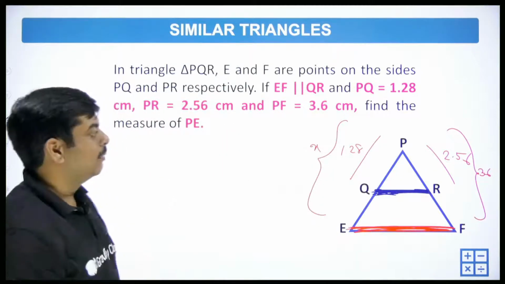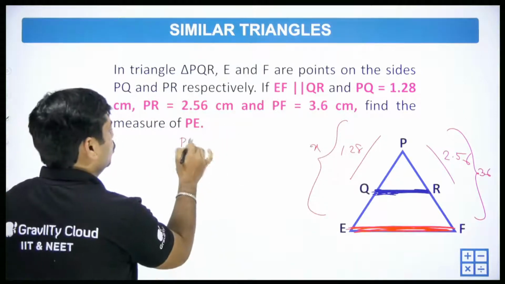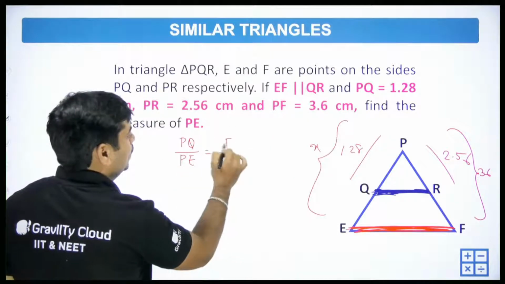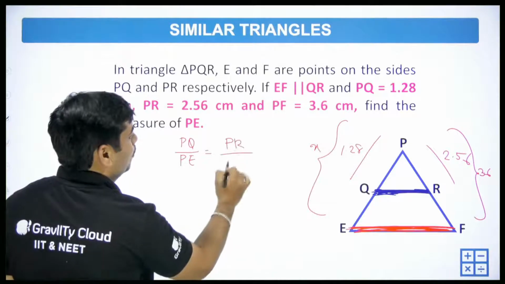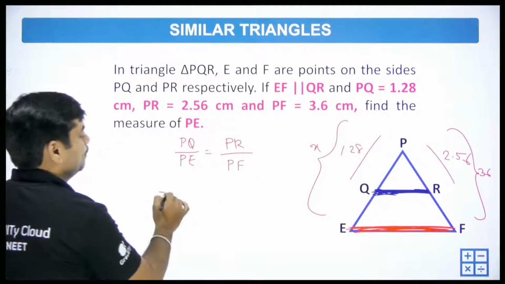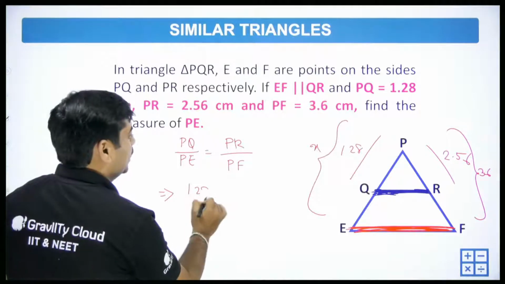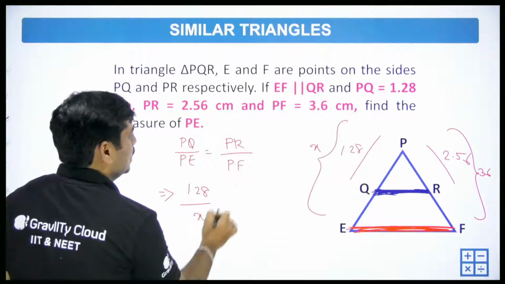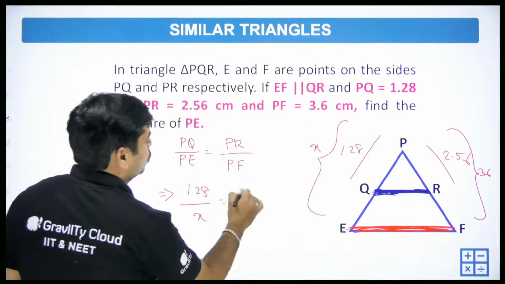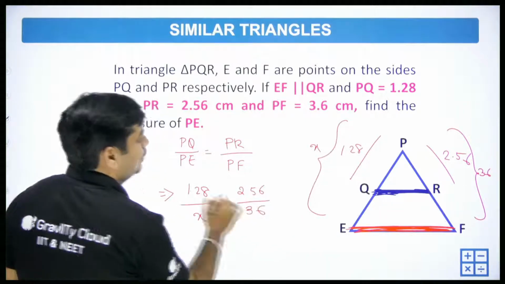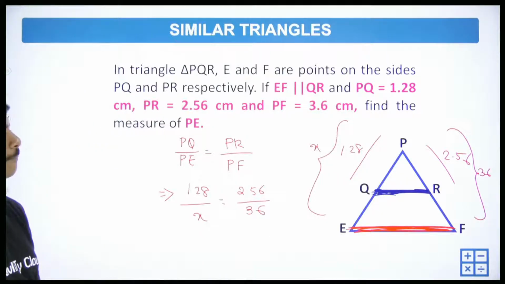Based on the basic proportionality theorem, we can write PQ by the complete PE is equal to PR by PF. So PQ is 1.28, by PE, the complete thing, X, is equal to PR, which is 2.56, by PF, which is 3.6, correct?